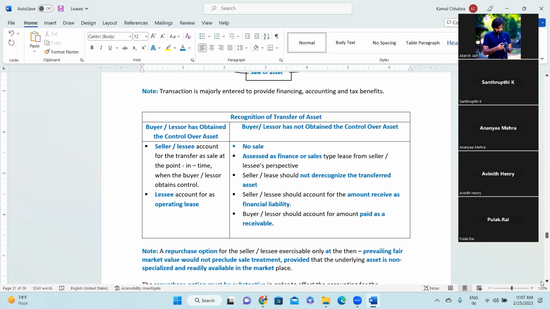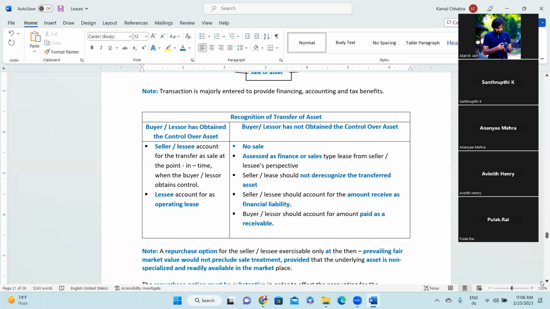If the buyer or lessor has obtained the control over the asset, for example, you have a car and you have sold that car to, let's assume Santrupti has a car and Santrupti has sold that car to Ananya for $10,000. But Santrupti continues to drive that car and has taken the car on lease back from Ananya for, let's assume, $500 a month.